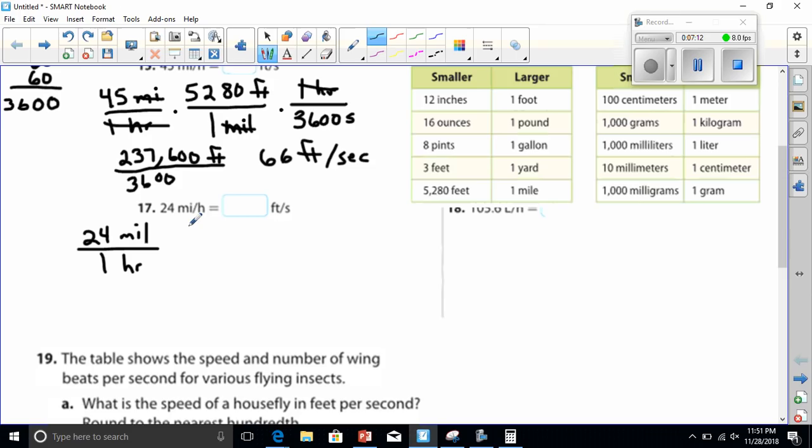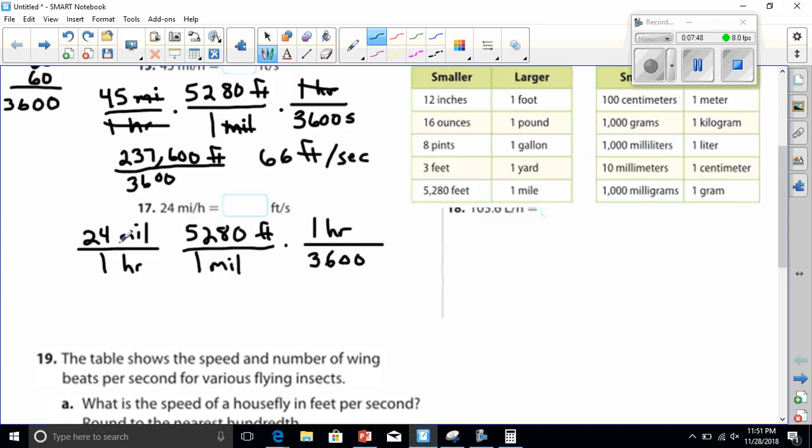We know there are 5,280 feet, and there is going to be 1 mile under it. Remember, we want to be able to scratch the miles out. The last one is, of course, per second, and we already knew that for every 1 hour, there will be 3,600 seconds.